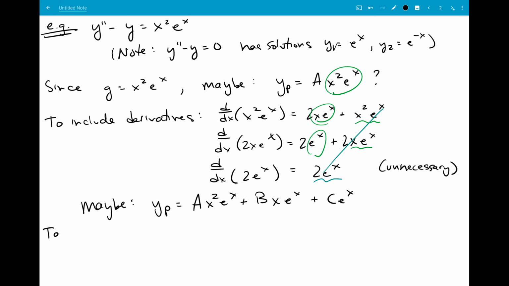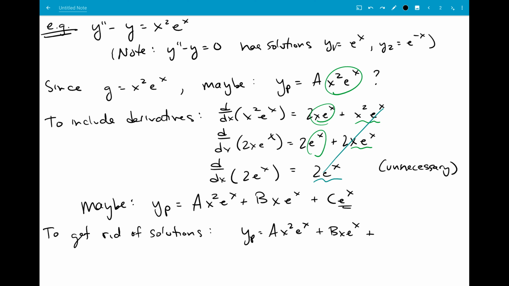And then to get rid of solutions, x squared e to the x wasn't a solution, so it's fine. X e to the x wasn't a solution, so it's fine. But e to the x was.